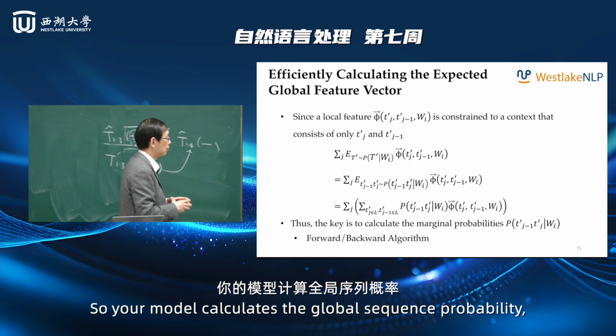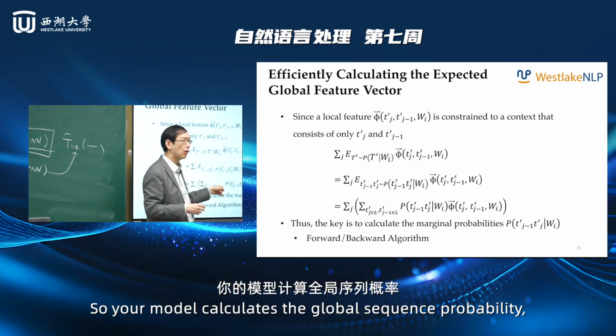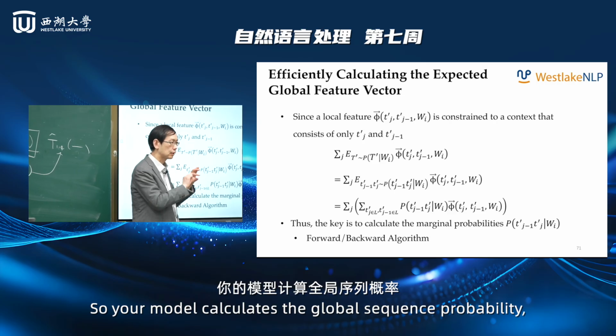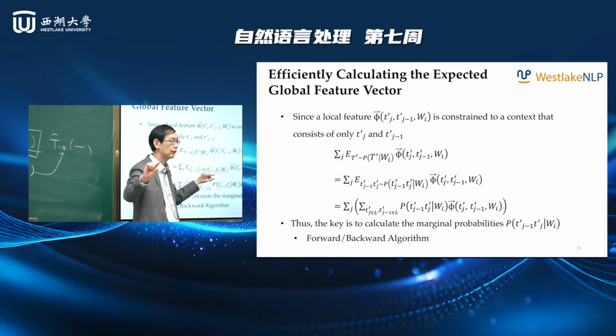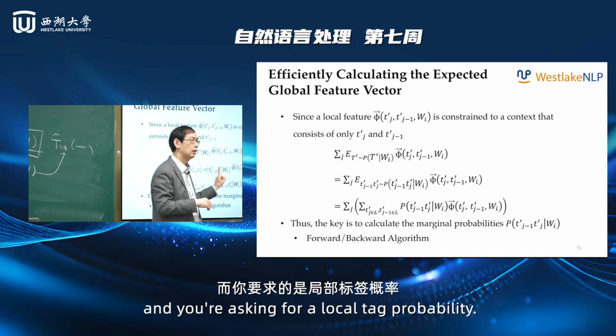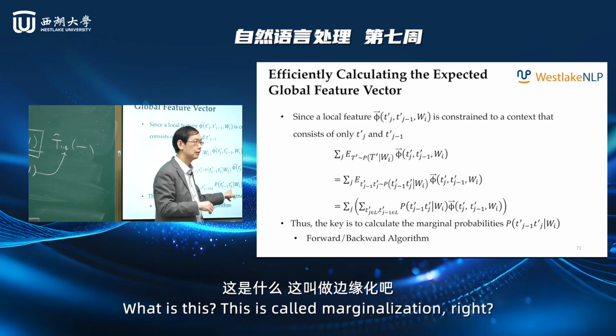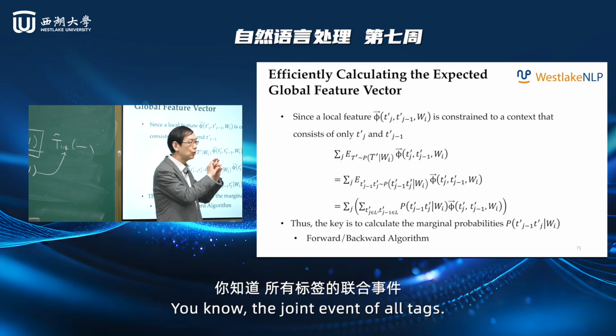Okay, so your model calculates the global sequence probability, and you're asking for a local tag probability. What is this? This is called marginalization, right? You know the joint event of all tags.